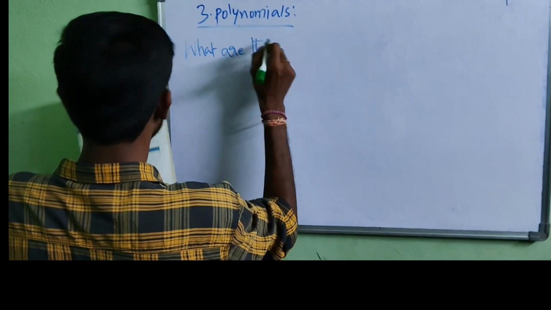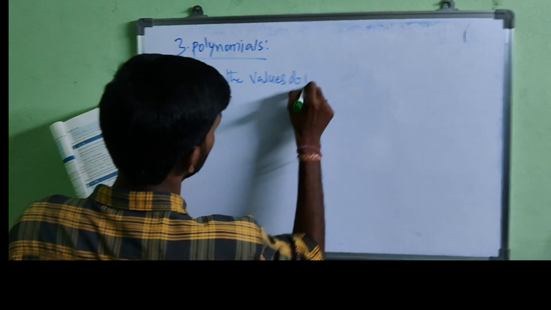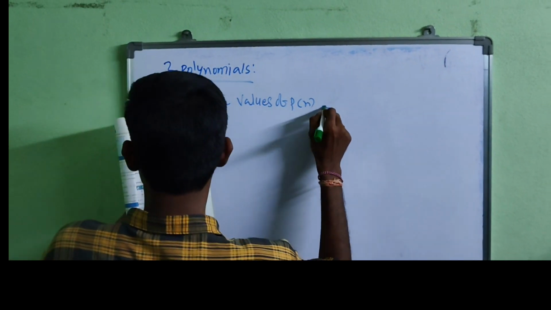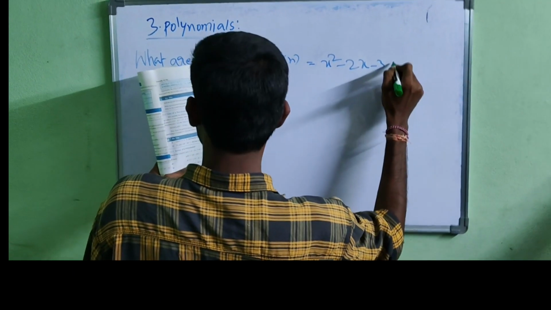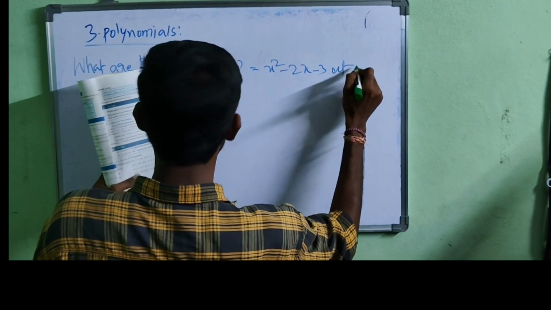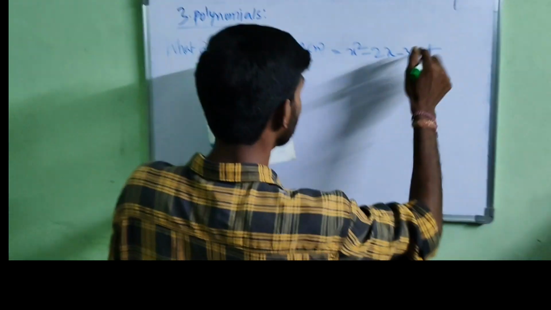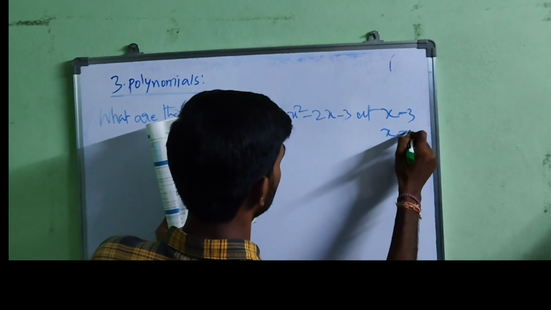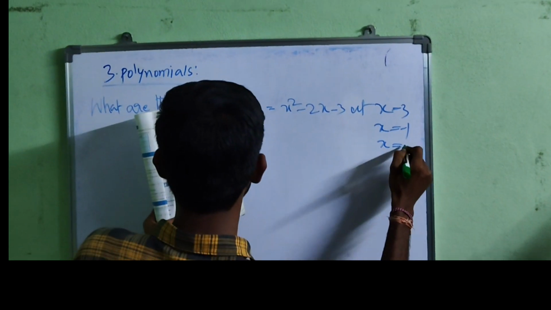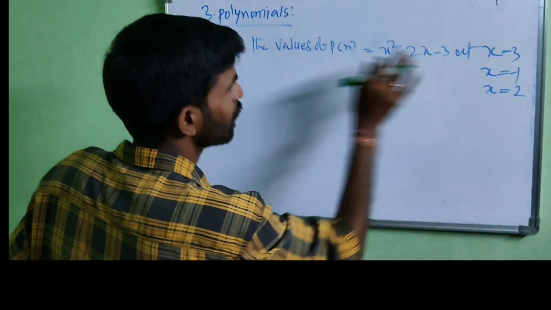What are the values of p of x, where p of x is x square minus 2x minus 3, if x is equal to 3, x equal to minus 1, x equal to 2? What is the value of this polynomial expression, he asks.